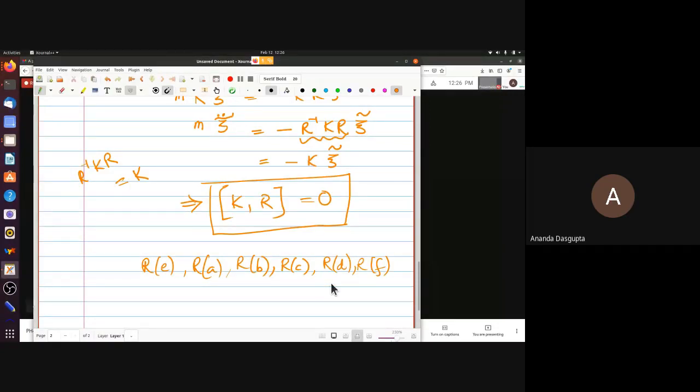Okay? So is everybody clear about that? That is the important physical point. So K actually does not commute with a single R, it commutes with all these RGs. Okay, this is a particularly simple physical situation.